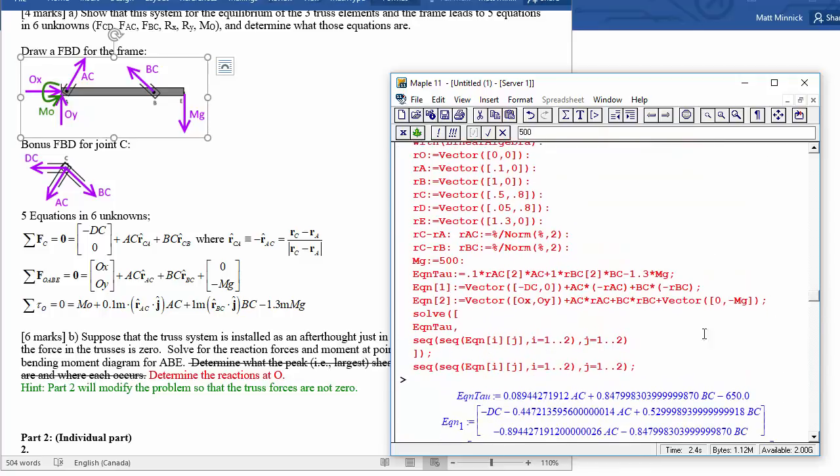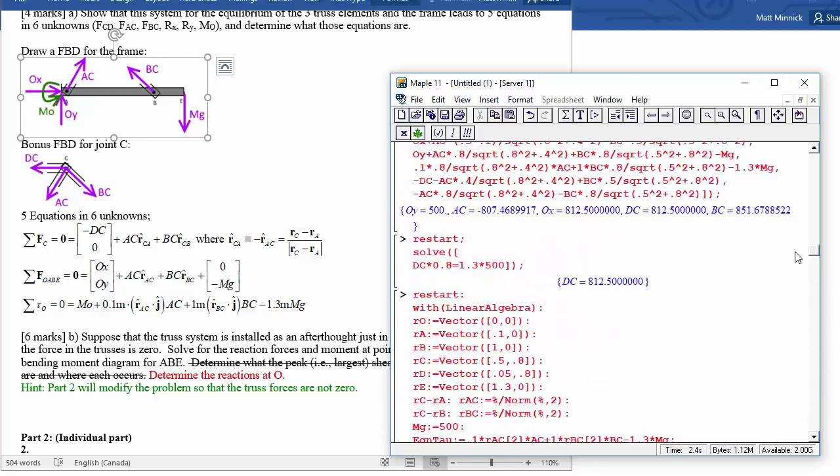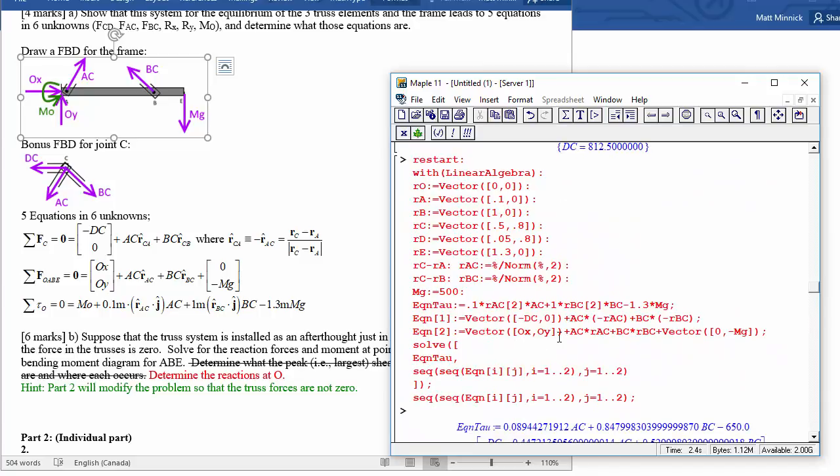So by looping and getting into some not so bad programming syntax in Maple, you can really get a whole bunch of optimization out of writing this expression down, which can be helpful if you're solving a whole bunch of equations at once.